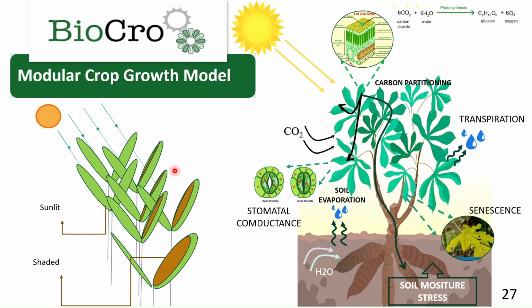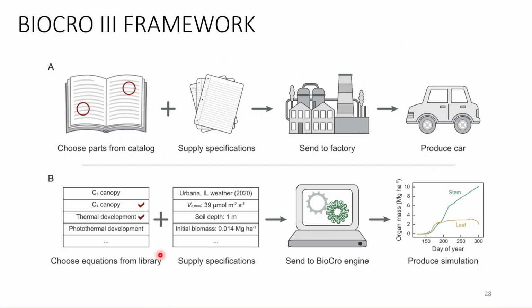So for that, BioCro also has a multi-layer canopy model, where the whole plant simulation can be done based on how much light energy is absorbed, or available to the plant, at different heights of the canopy. Based on that, all of these processes will be simulated within the entire canopy depending on how much light is absorbed by the plant.